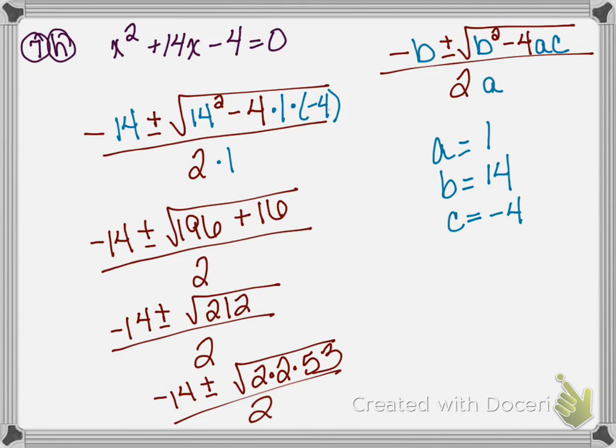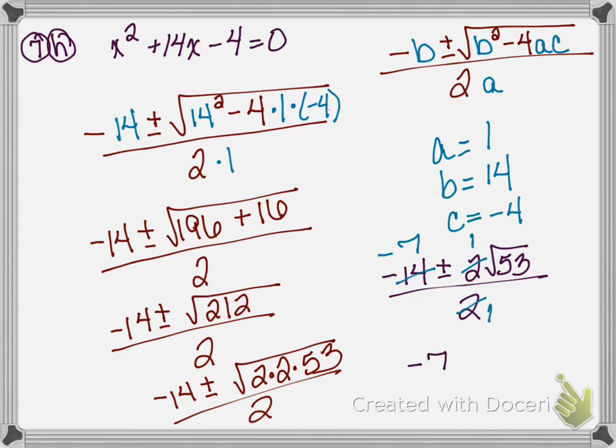Okay. So -14 plus or minus 2 on the square root of 53 over 2. And a 2 goes into all these. So I'm left with -7, 1 here and 1 here. So our final answer to this is -7 plus or minus the square root of 53.